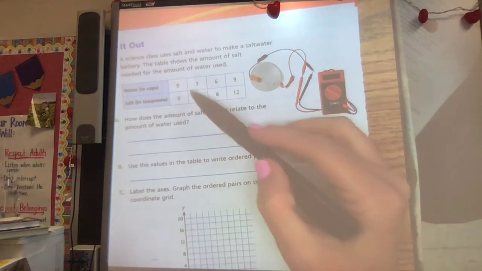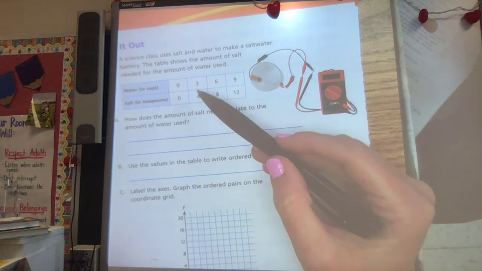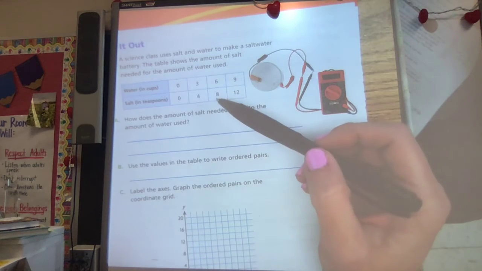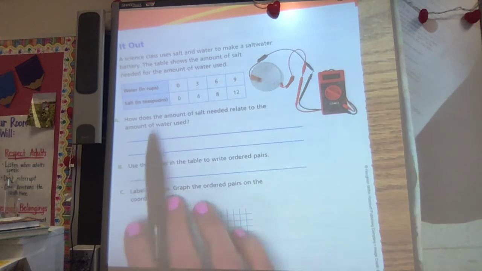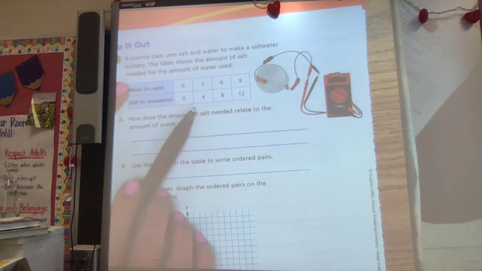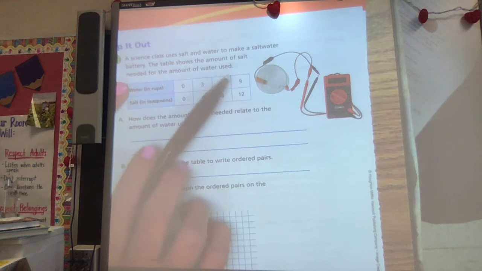So we have our water, 0, 3, 6, 9, and our salt, 0, 4, 8, and 12. How does the amount of salt relate to the water? Salt to the water, okay?